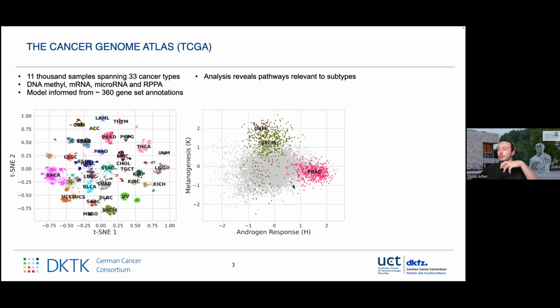You see that the androgen response pathway assigns a significantly higher score to patients with prostate cancer compared to the patients without prostate cancer. You can read this as androgen response being elevated significantly in patients with prostate cancer. That's more or less the idea. And the same goes for melanogenesis for skin cancer.